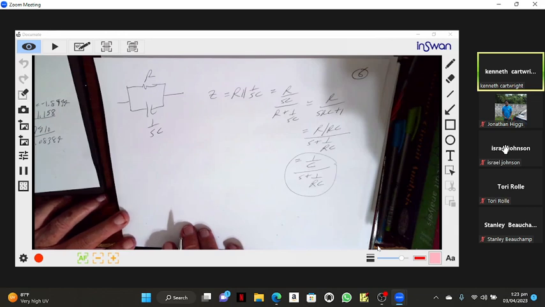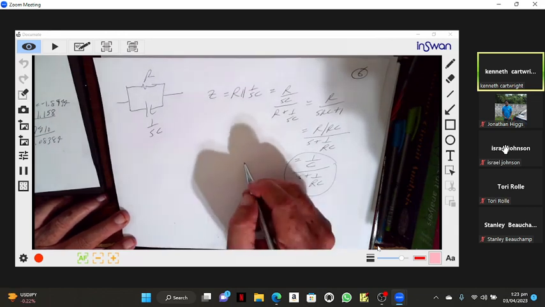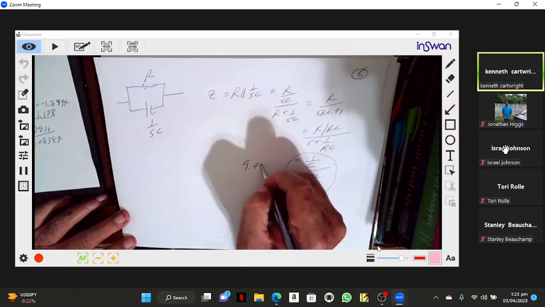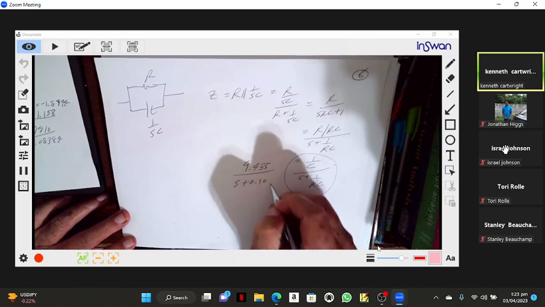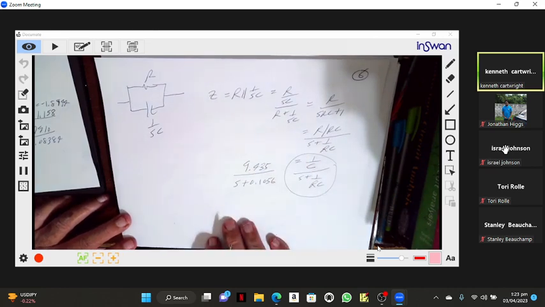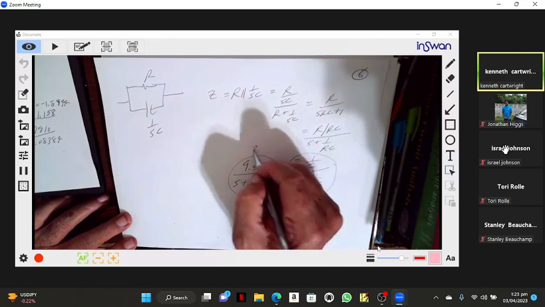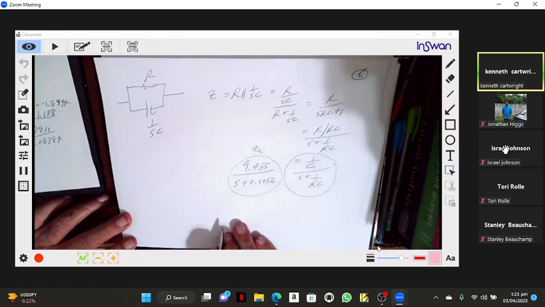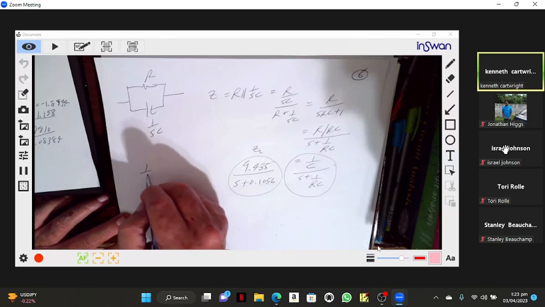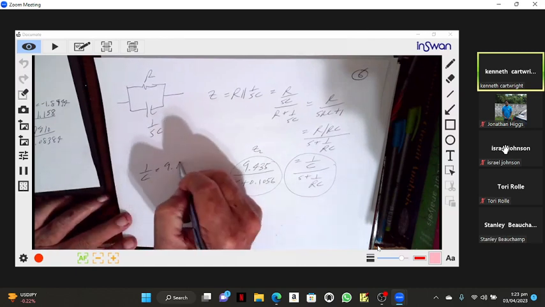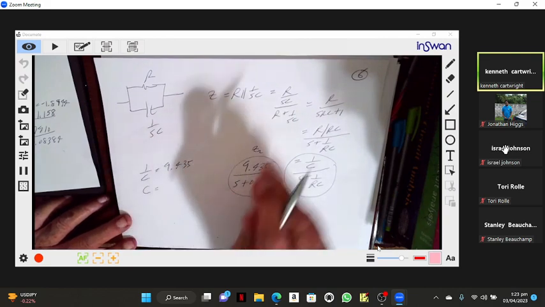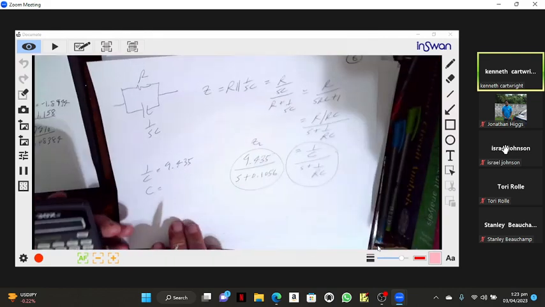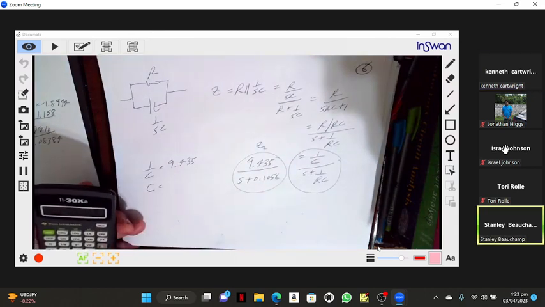Okay. Well, what is Z2? Z2 is 9.435 over S plus 0.1056. So that must mean 1/C is 9.435, or C equals the reciprocal of that. So we can use that to solve for R then. Absolutely. You're ahead of me, though.